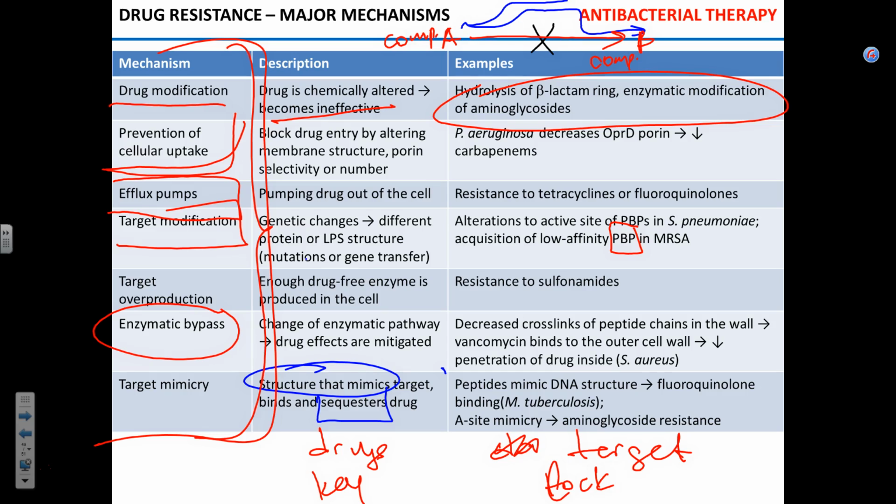Okay? And Michael asked about the efflux pumps. They use ATP. Right? So imagine that you overwhelm the microbe with the drug. And the microbe pumps it out, but it has to use ATP. So, although the microbe protects itself from the effects of the drug, it puts some evolutionary, some fitness disadvantage.